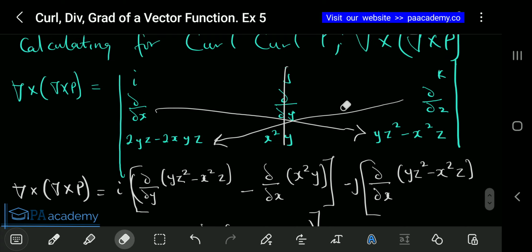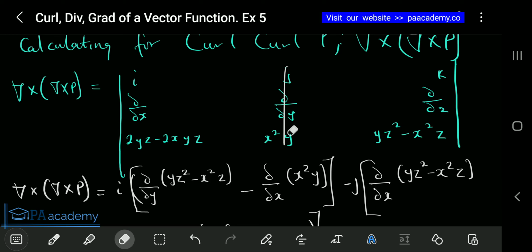So now we are dealing with k. So since we are dealing with k, we ignore everything on this particular column. And then the multiplication for this now will be, this will multiply this minus the product of this and this.